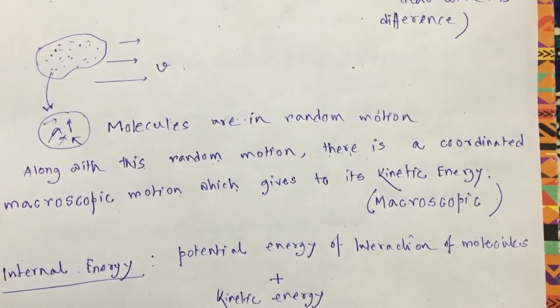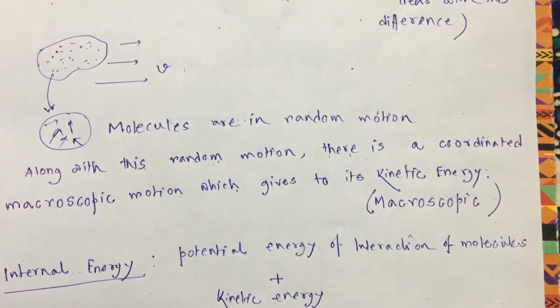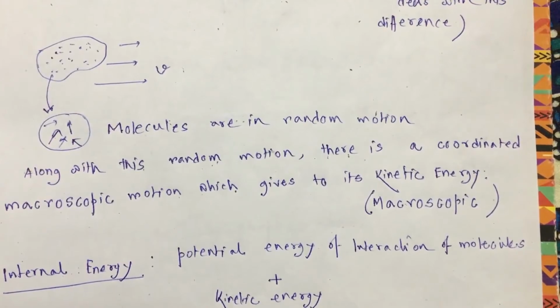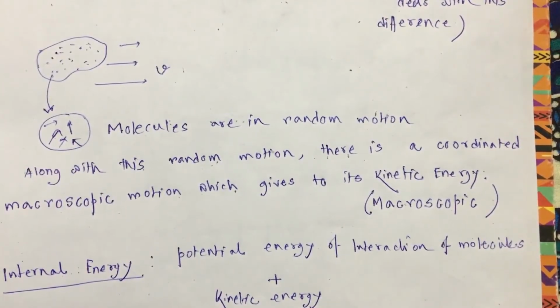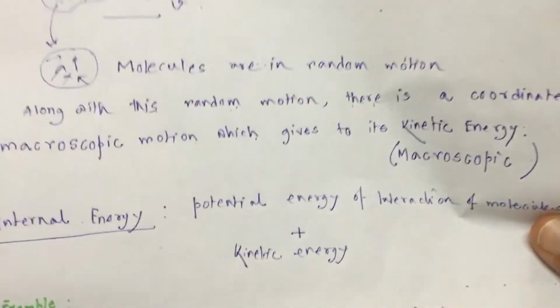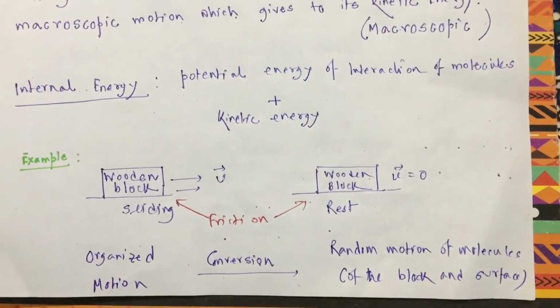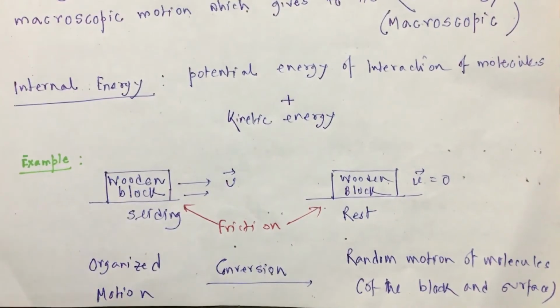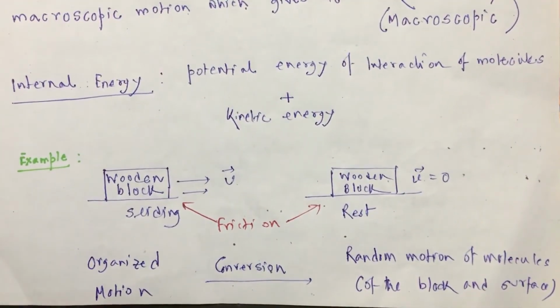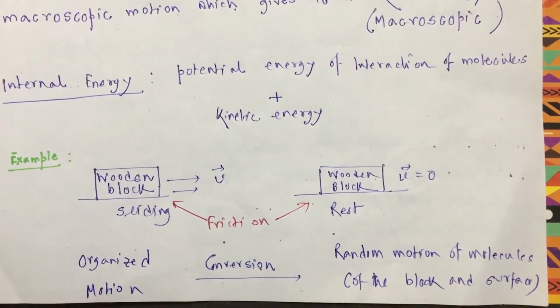And the basis of the second law of thermodynamics is the difference between the nature of the internal energy and the macroscopic mechanical energy. Now, let's think of a wooden block sliding on a surface which has a reasonable value of friction.